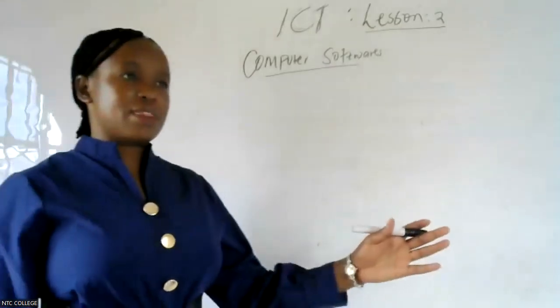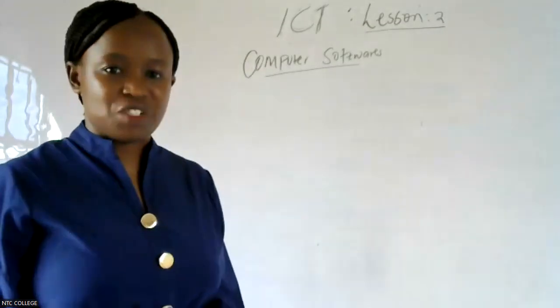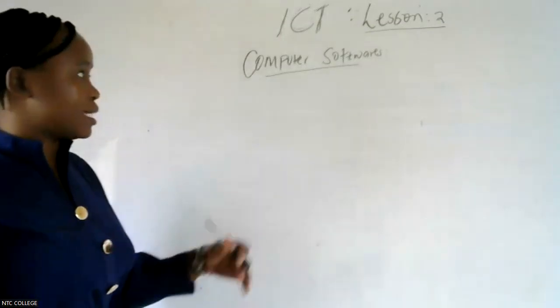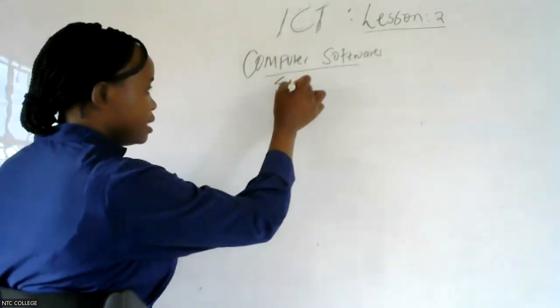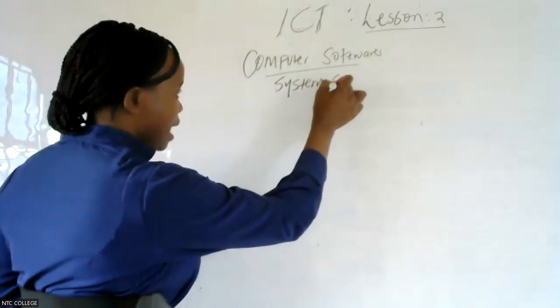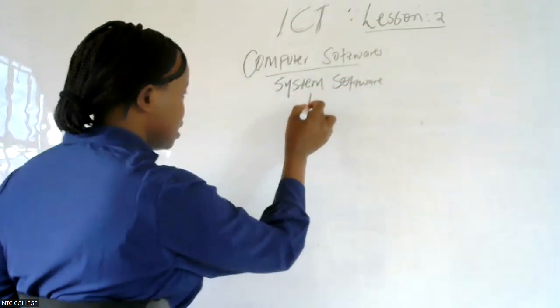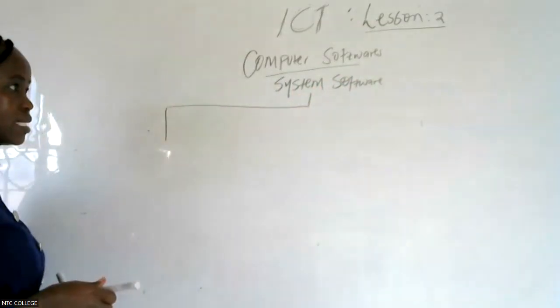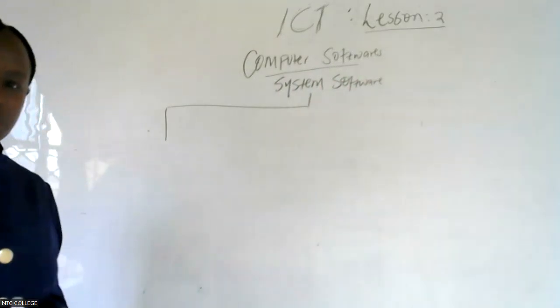So as we said, the hardwares are taking care of the tangible parts of a machine. And now when it comes to the softwares, they take care of the intangible parts of a machine. That is, we are not able to see them, we cannot touch, they are invisible.